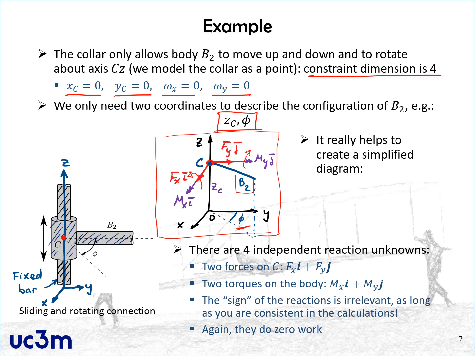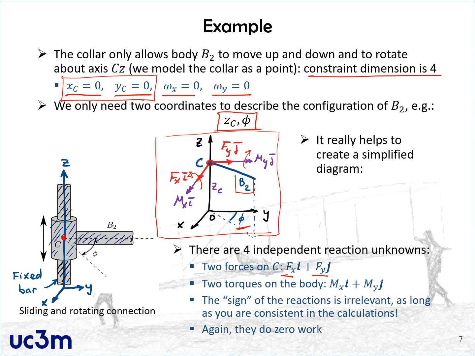Of course, you can make other choices in what regards the coordinates that you use to describe the configuration of the body. Now, regarding the constraint forces and torques, we see that in this case we have 2 reaction forces, associated with the fact that point C cannot move in the X and Y direction. So 2 forces, Fx and Fy, appear on C to prevent the motion of C in these directions.